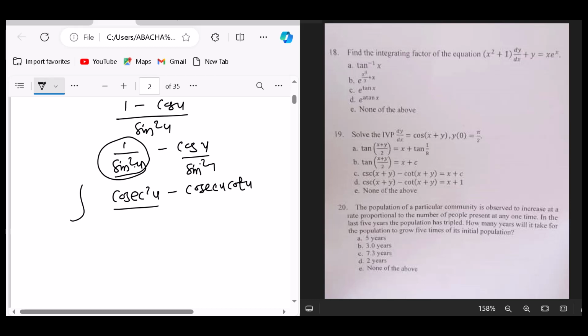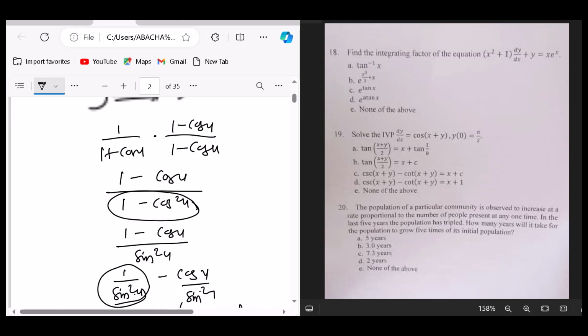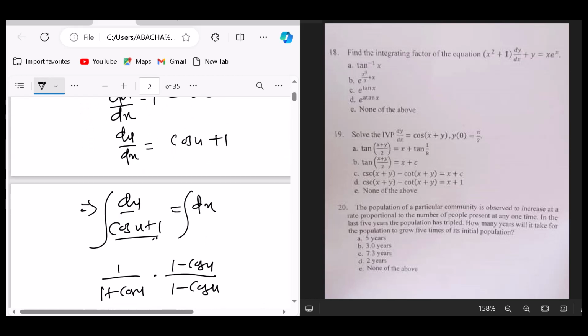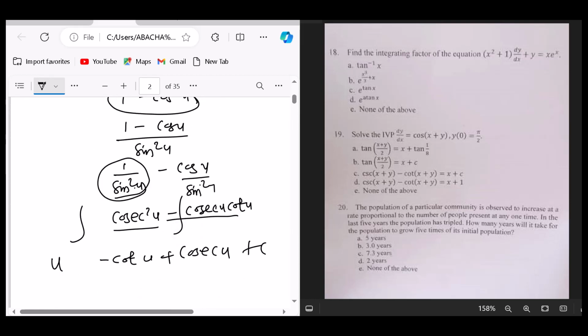So the answer for this integral will just be negative cot u, and for this one, negative cosec cot, that's the differential of cosec, and so integrating negative cosec cot just gives us cosec. So plus cosec u plus c. So this is equal to x.